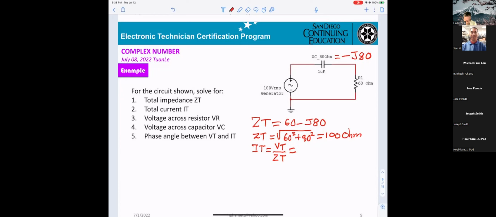So I want Z total, which is 60 minus J80, and I want it in phasor. Can you do that for me? That means you have to get the amplitude and the phase angle.